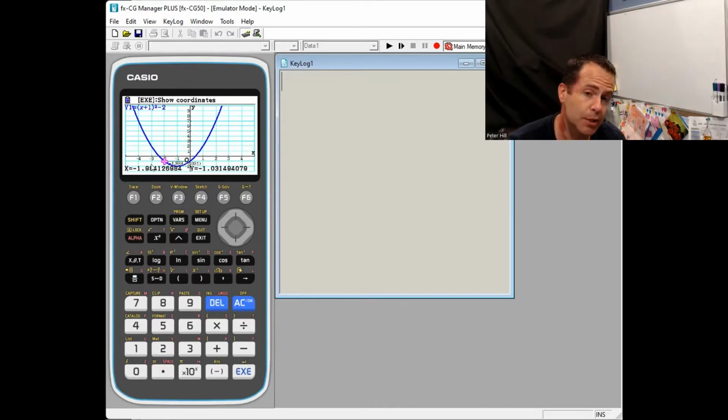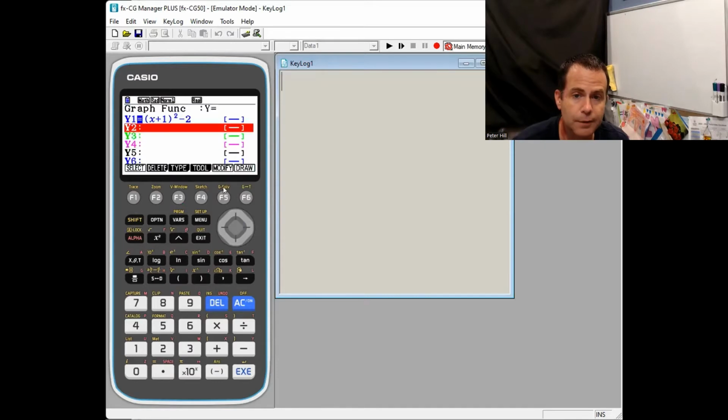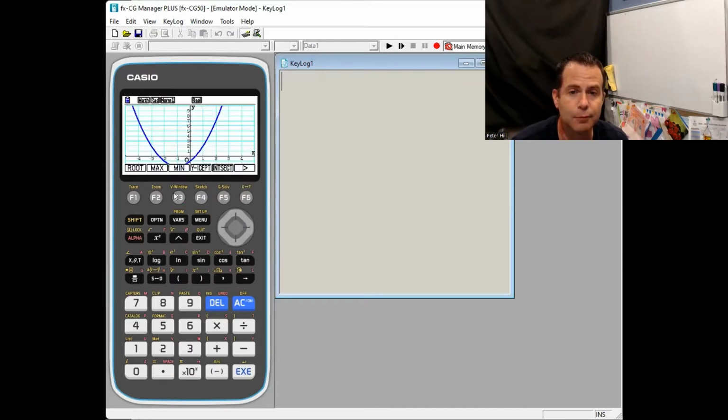It'll then switch the question to right bound. So then you're going to want to bring your cursor over so that it's right of the hump, hit enter, and then it's going to ask you to guess, and then you hit enter one more time, and that will also give you that -1, -2, okay?